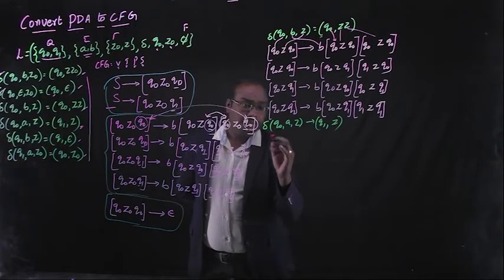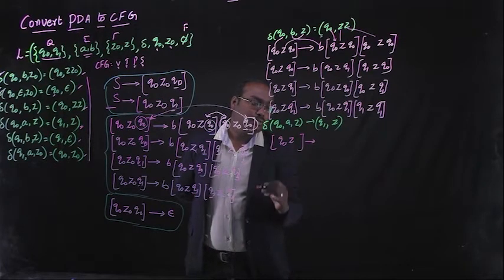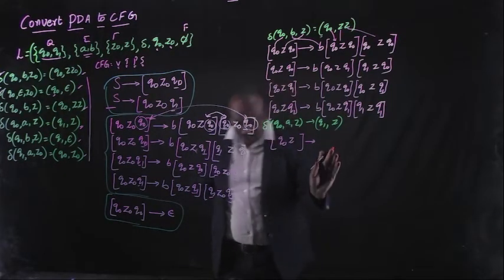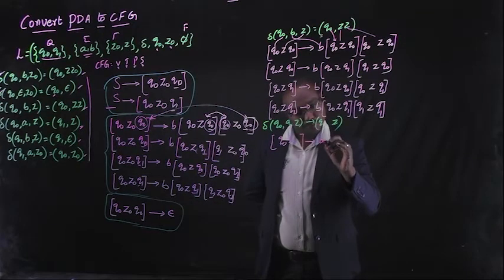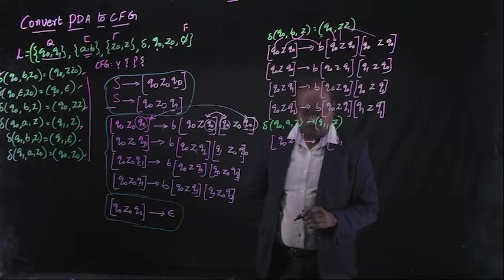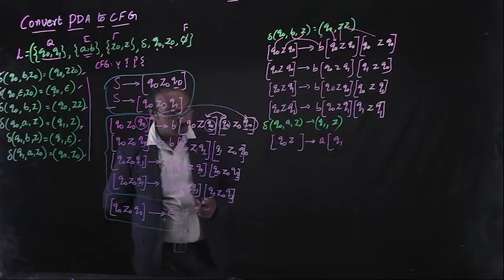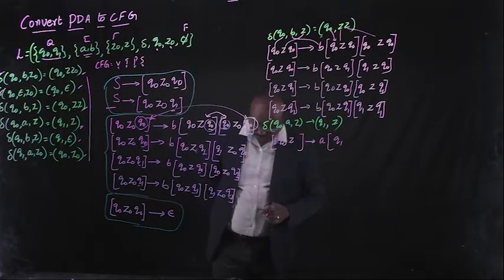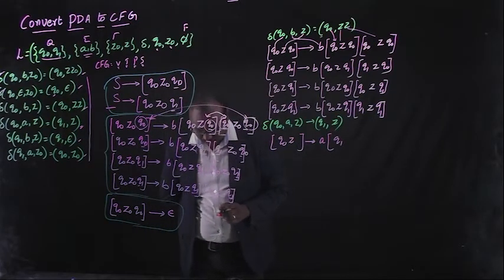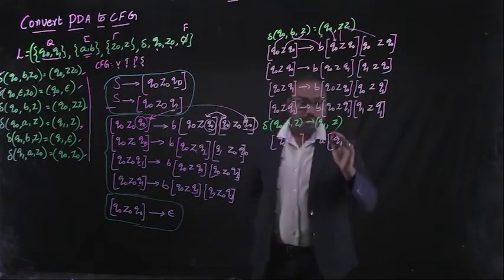So here I have to write state Q naught, stack symbol Z tends to A into state Q1.